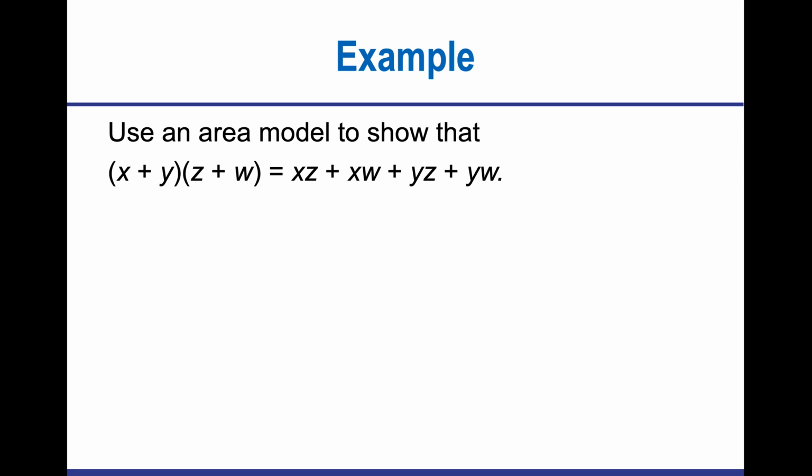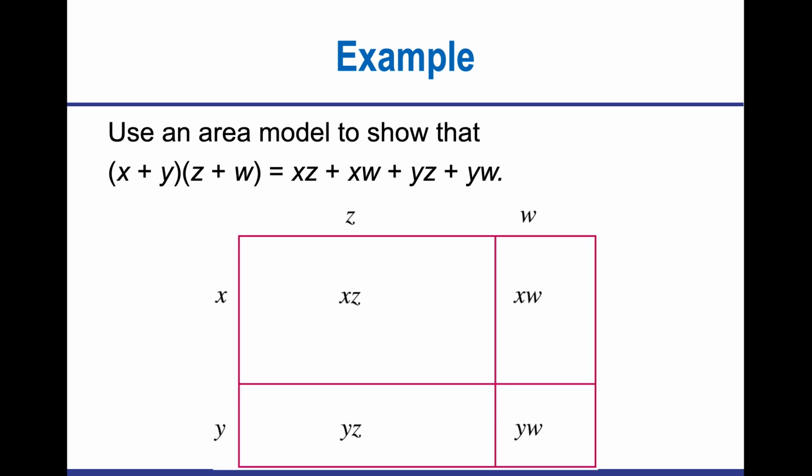So here's an example. We want to use an area model to show this. So if I'm using an area model, my multiplication is going to be broken into an area. So x times z. So xz is represented by a square of side x and side z. That's my xz. The square xw is represented by a rectangle with side x, width w. And then same thing here, yz is represented as a rectangle with length y, width z, or however you want to distribute length and width.